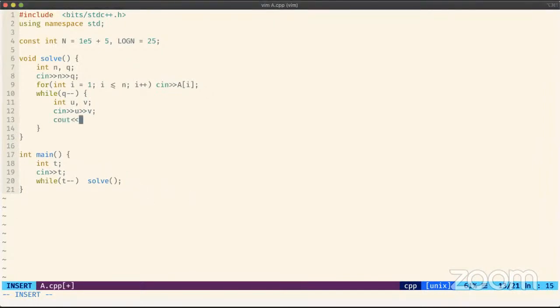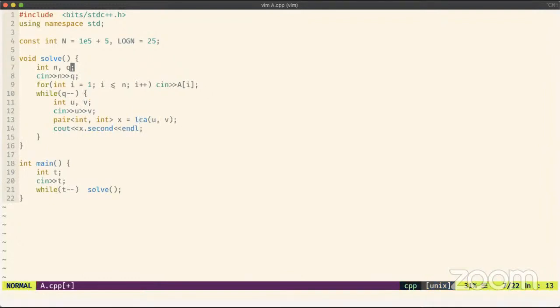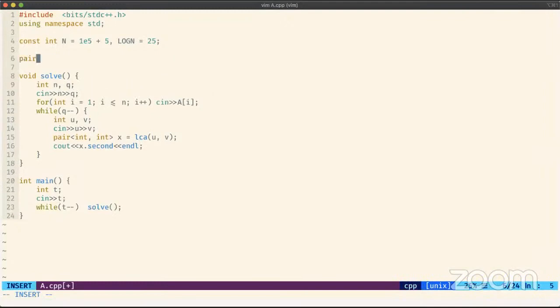So let's say I calculate int LCA equal to LCA, x equal to LCA of u, v, and then I say cout x.second. Then this is a pair<int,int> LCA(int u, int v).